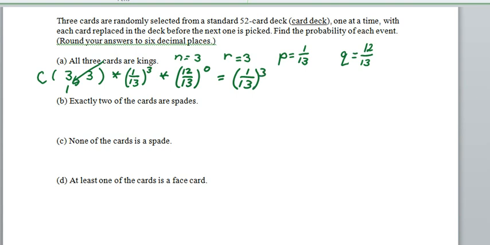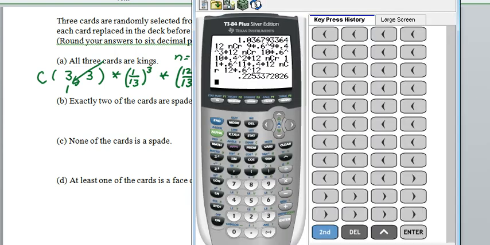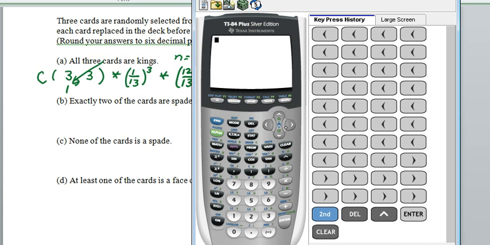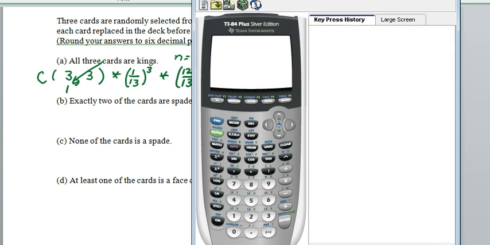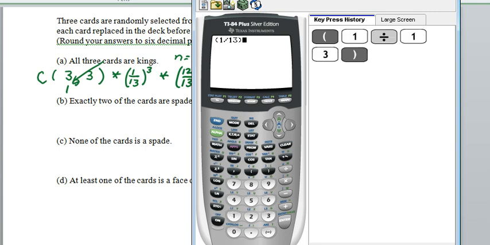cubed. Go back to our calculator here. Let me clear what we have. And so 1 divided by 13 raised to the 3 gives us 4.55 times 10 to the negative 4.